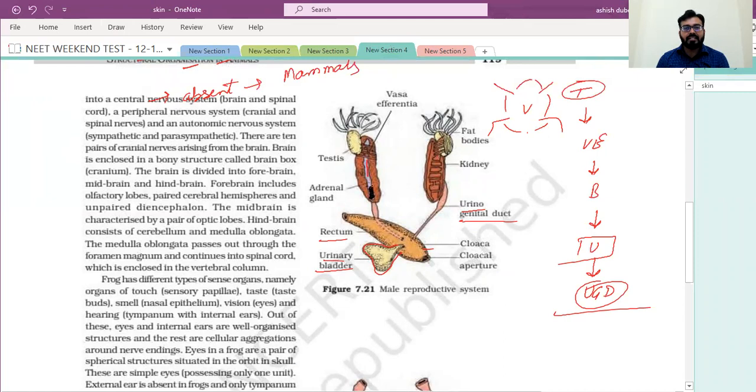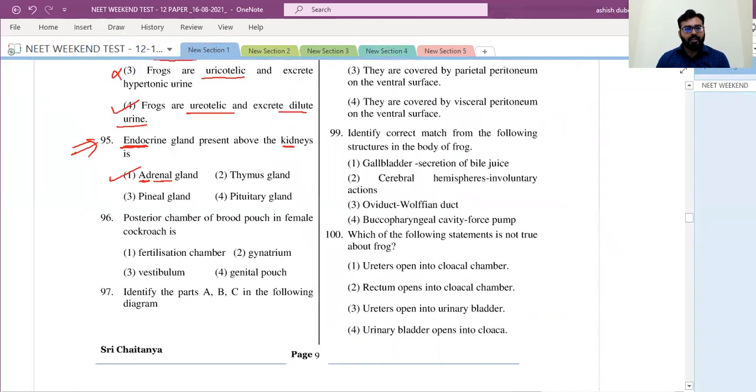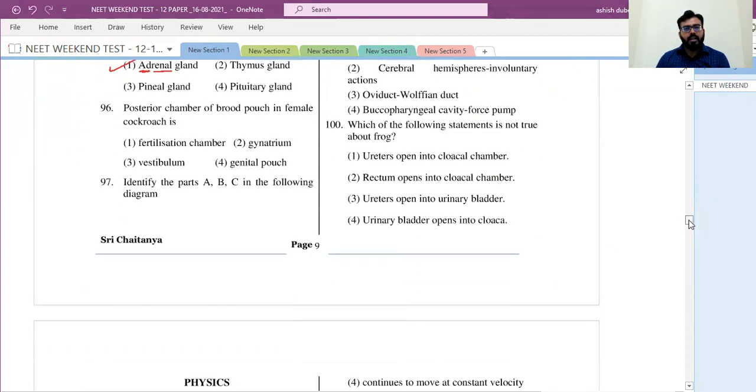It is not suprarenal. In case of human being also it is named as adrenal, and it is on the top of the kidney like a crown, but it is not so in the case of frog. It is just adjacent to it. But according to the available options and the framing of question, the answer should be 1.